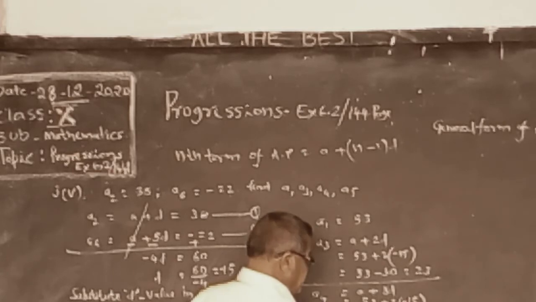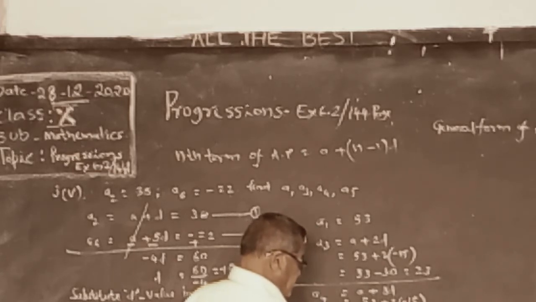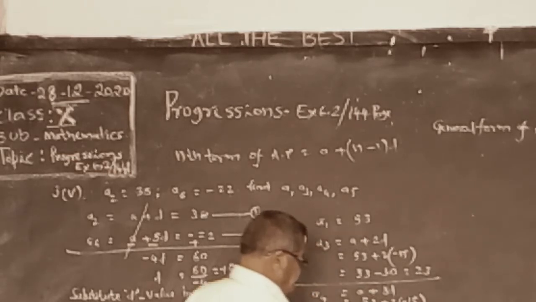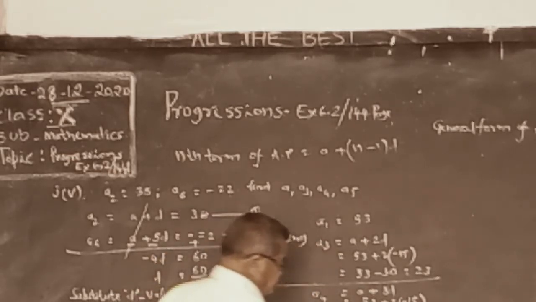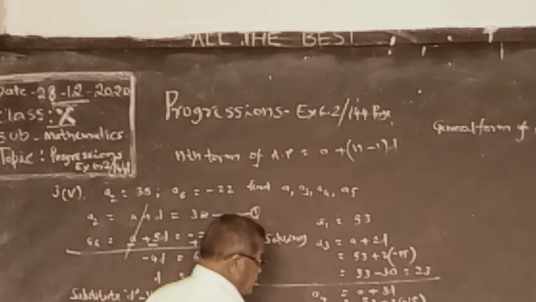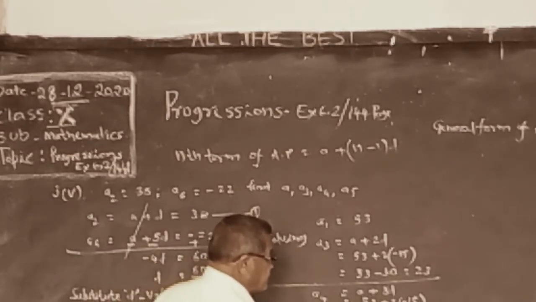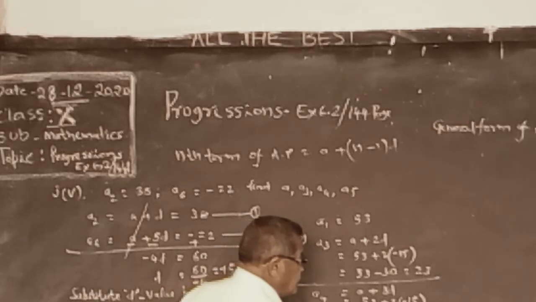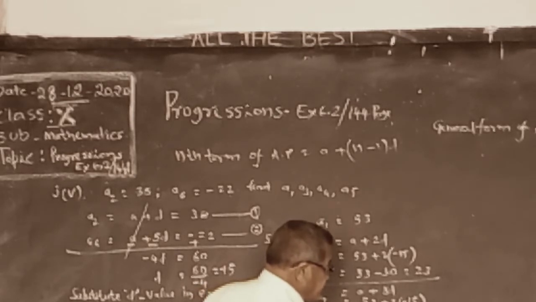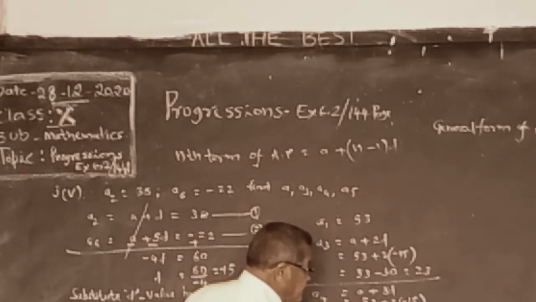So this is 53 minus 45, that is 8. A5, fifth term, A plus 4D. A value 53, D value minus 15. So 53 minus 60.